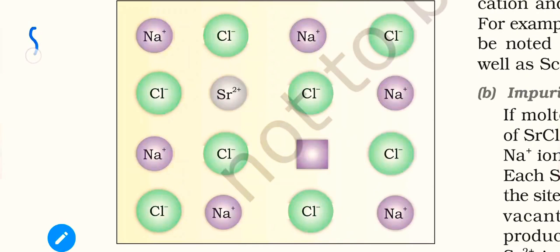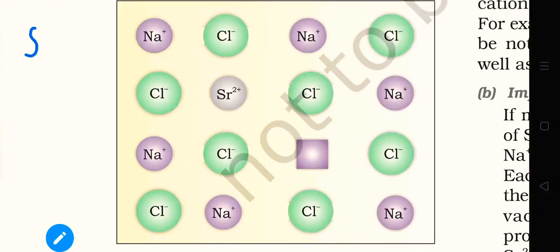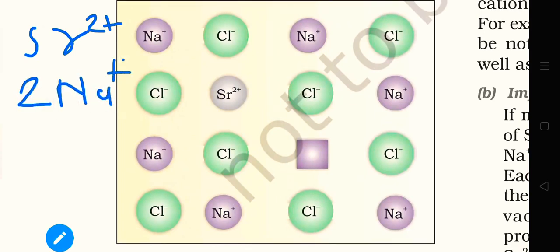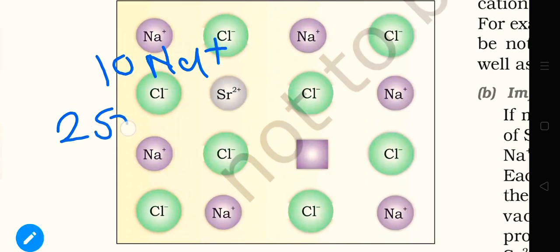That means if you are going to add 1 SrCl2, that is one Sr plus 2 ion, then you have to remove 2 Na plus to equalize the charge. Suppose in our perfect crystal you have 10 Na plus and we are adding 2 Sr2 plus in it.